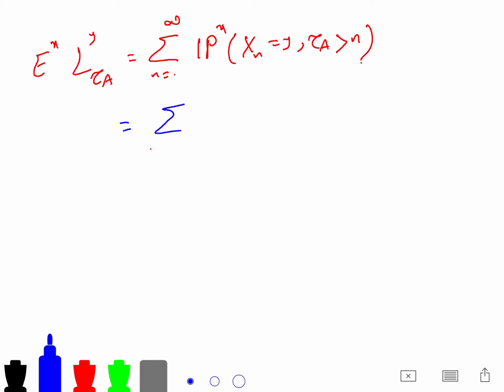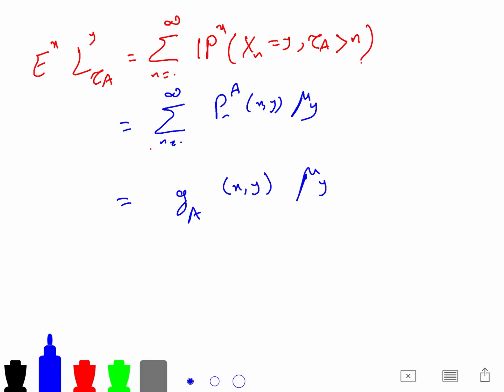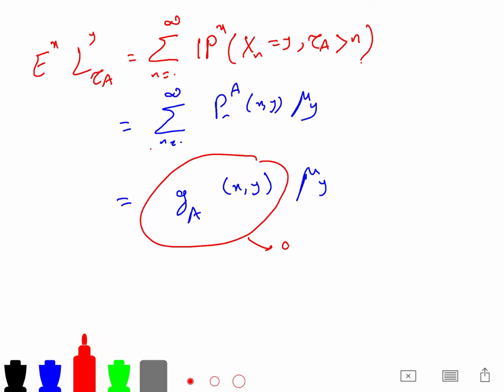And this is equal to P_n^A, just by the definition of the heat kernel. You can write it like this, with n from 0 to infinity. Because it is very important, it has a name: we call it the Green function.